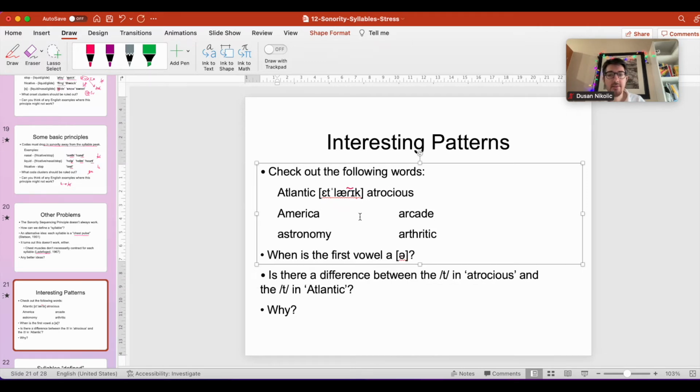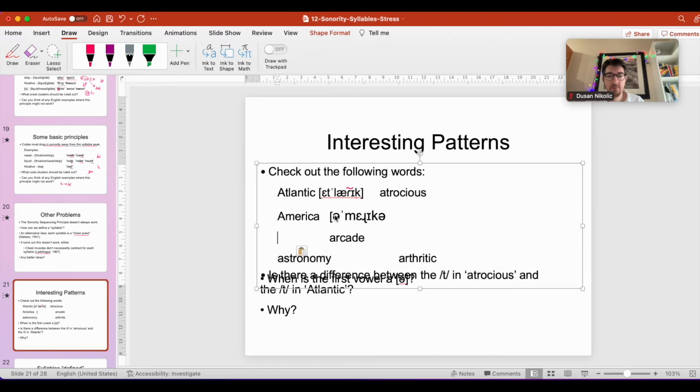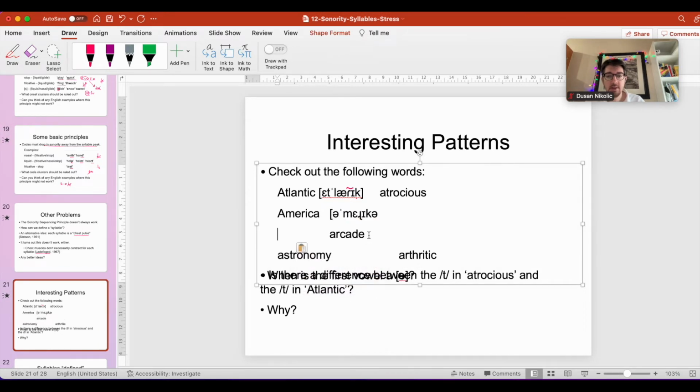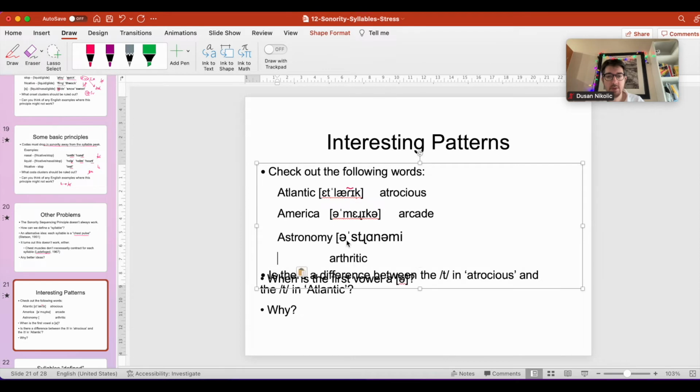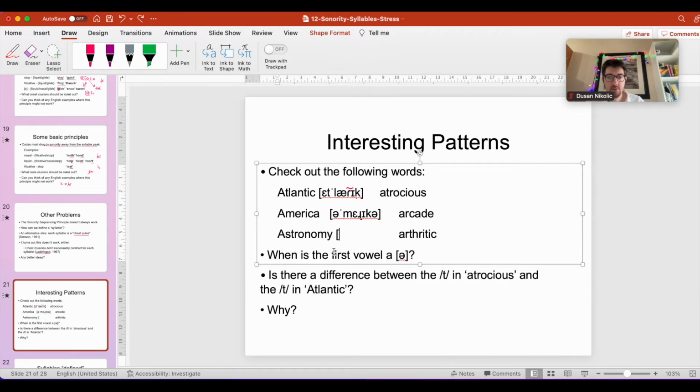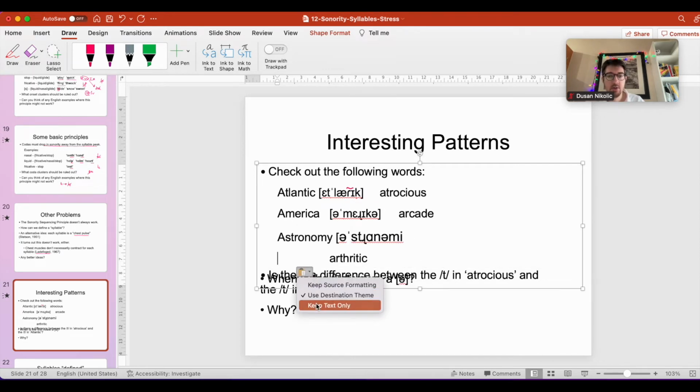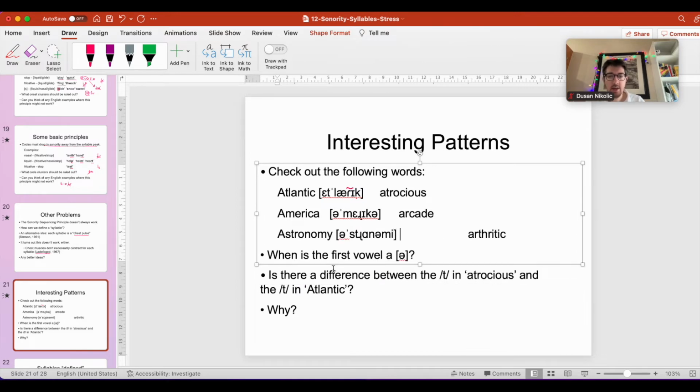Then we have America. I'll just copy, not to lose any time. America. Then we have astronomy. Astronomy and atrocious, a difficult word to produce.